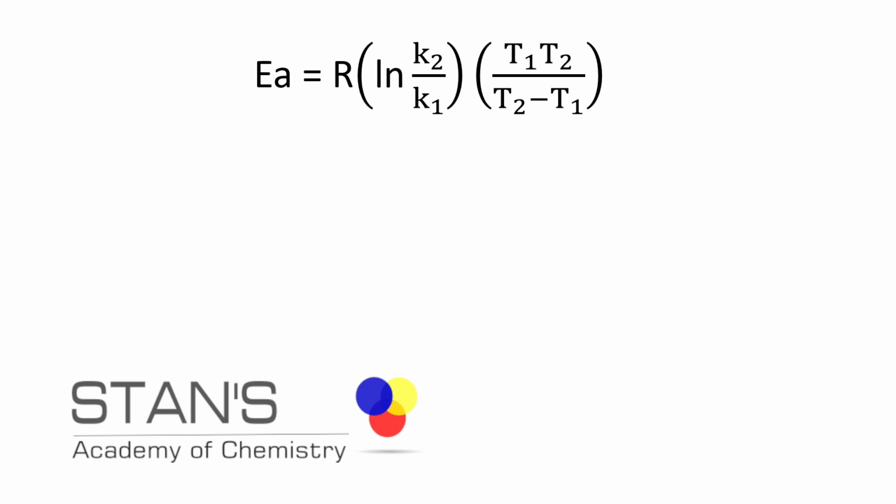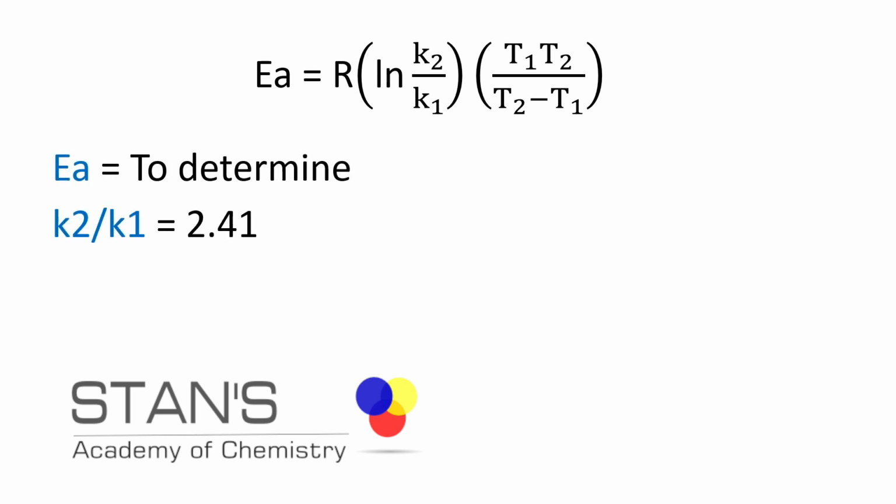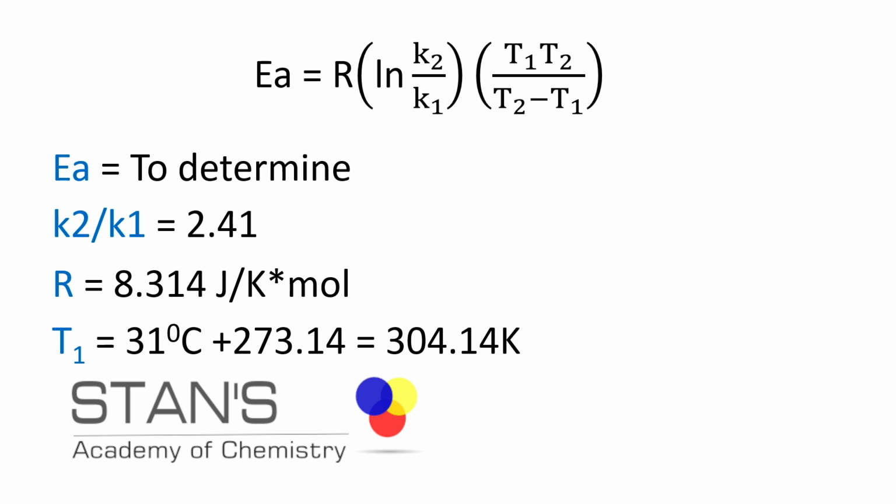Now in the problem that was given to you, you were given the ratio k2/k1 as 2.41 because the reaction rate increased 2.41 times when the temperature changed from 31 to 41 degrees Celsius. R was given as 8.314. Initial temperature was 31 degrees Celsius. We're going to convert it into Kelvin. For all calculations, temperature should always be used in Kelvin.